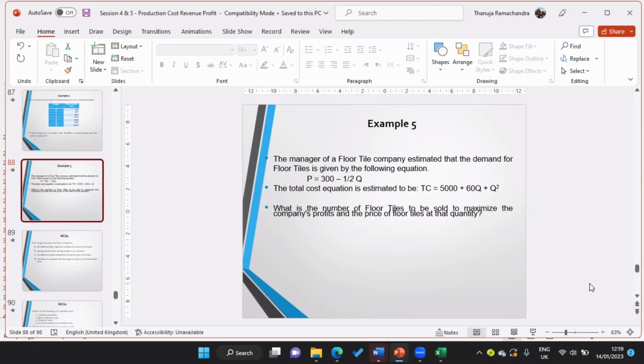How do you do this one? Simple mathematics. So we can calculate this. First, we can calculate the AC.